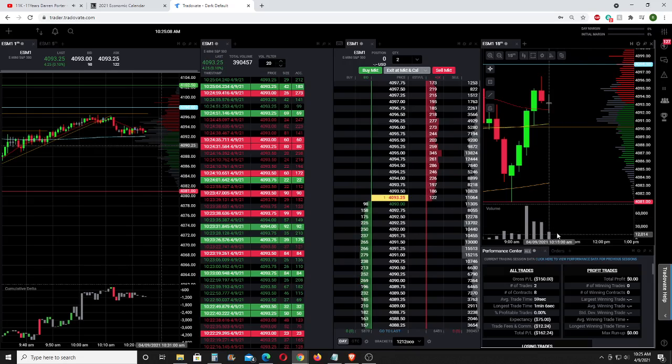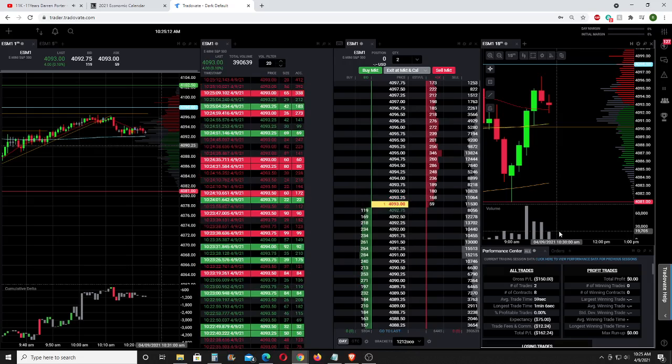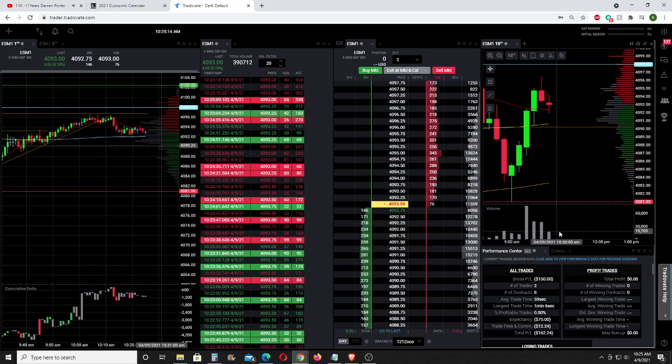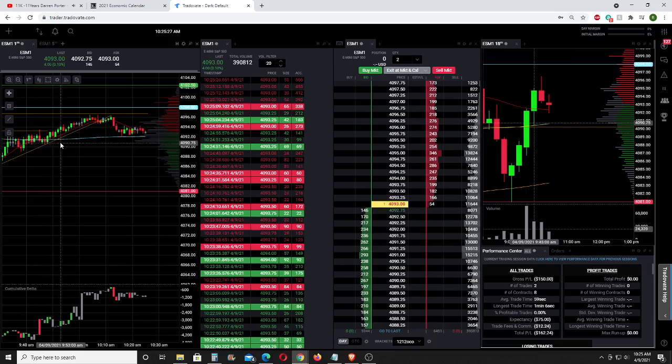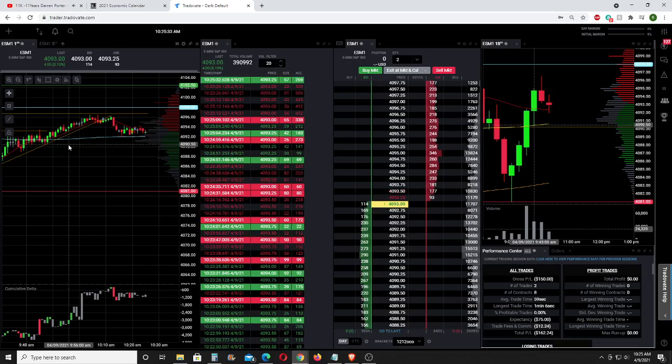But I gotta preserve my capital. This is a journey. This is a marathon, not a sprint, and it's gonna take time. But with these recordings and reviewing these trades, I feel pretty confident here. So I'm gonna end the session now, and next week I plan on extending the trades for at least, hopefully, two hours.